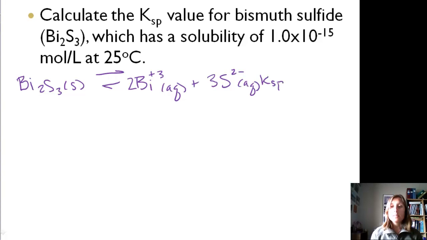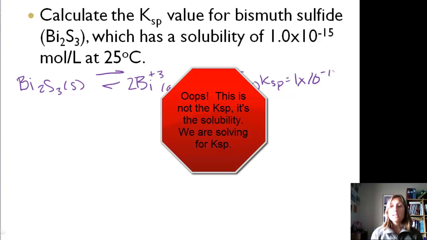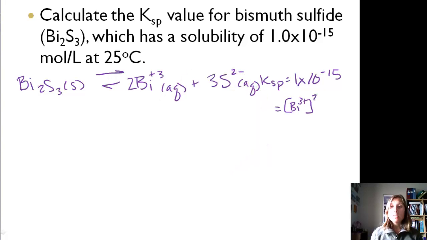And we know that the Ksp can be written as the concentration of bismuth ions to the second power times the concentration of sulfide ions to the third power.